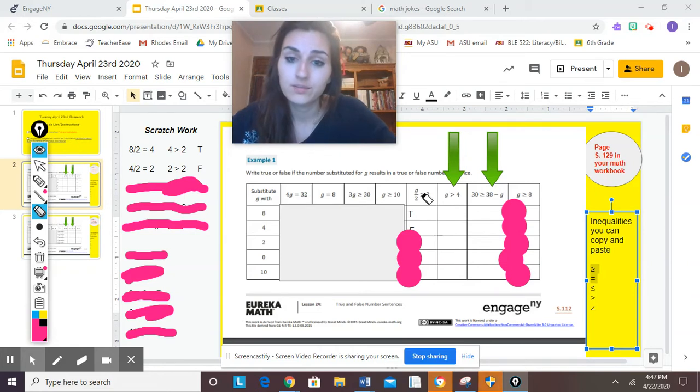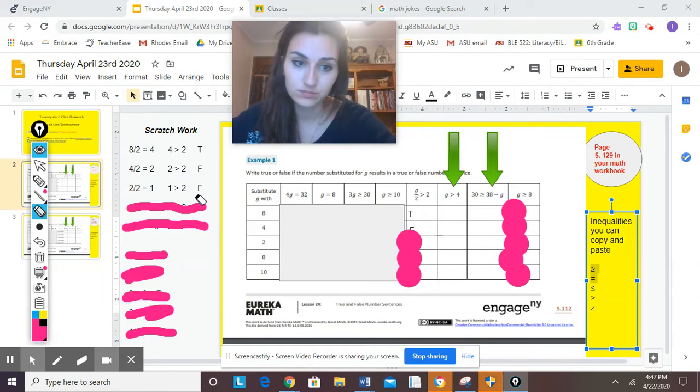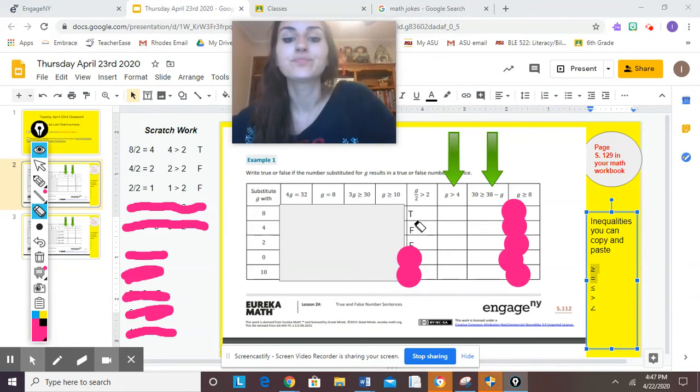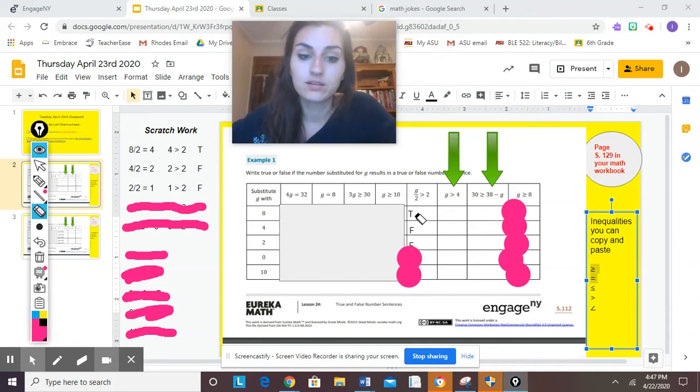Our next number is 2. If we do 2 divided by 2, we get 1. Is 1 greater than 2? No. So false. We put an F. All right, keep on going.